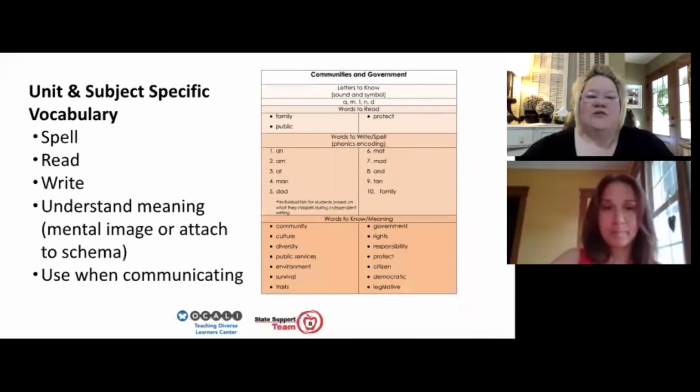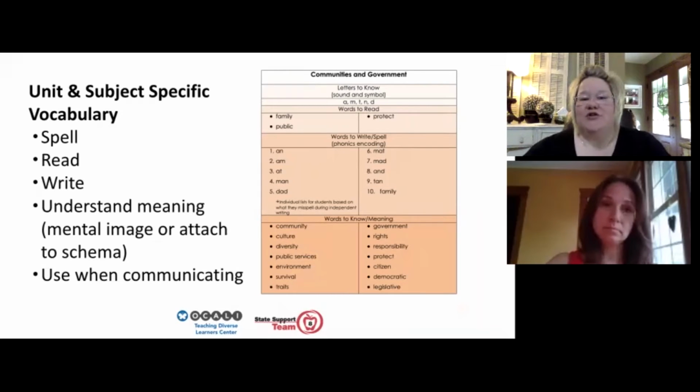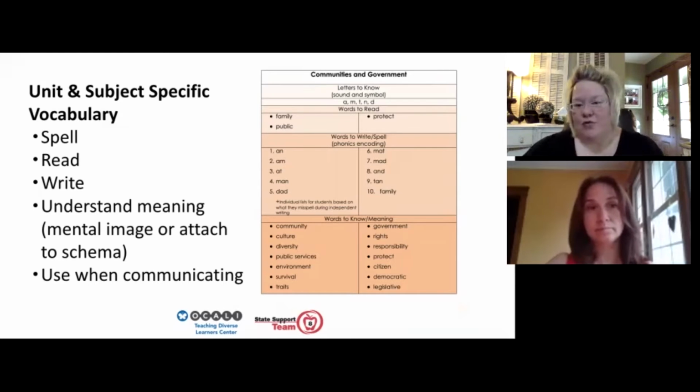So once we know exactly how we're teaching and the words we're teaching, we need to communicate very clearly to our students what the expectation is for them. Is the expectation that based on this instruction they can tell you the meaning of the word? Is that the only expectation though? Is there an expectation sometimes that they use the word while they're communicating, either through writing or through language?